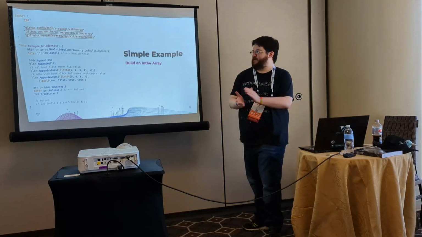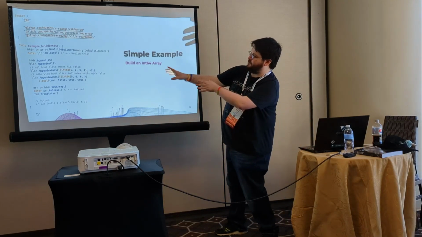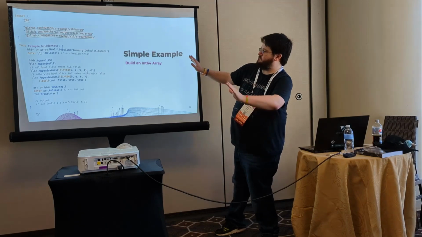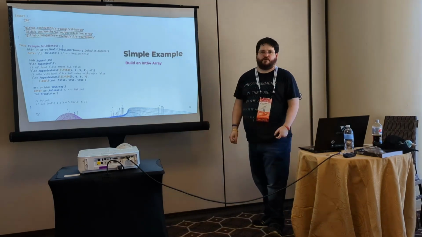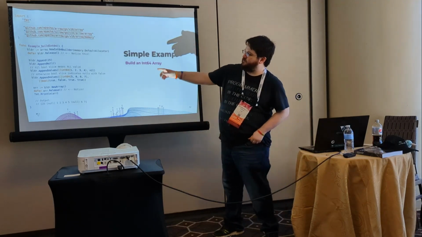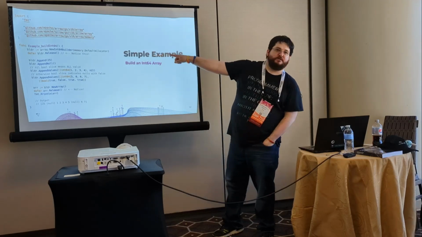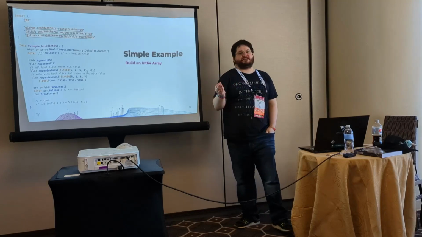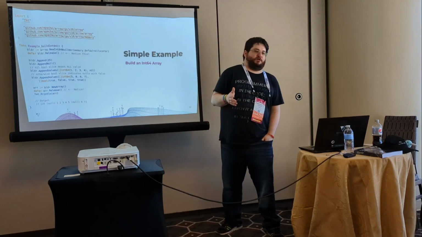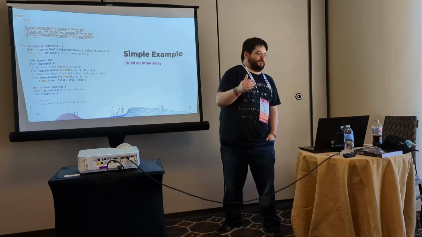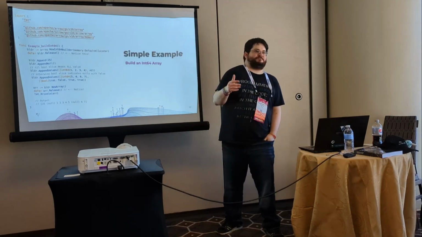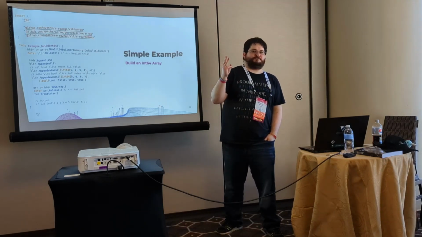So let's get some simple examples. Simple example: build a single 64-bit integer array. You can see that we've got a memory default allocator. The allocator is an interface in the Arrow Go library. It has three simple methods: Allocate, Reallocate, Free.